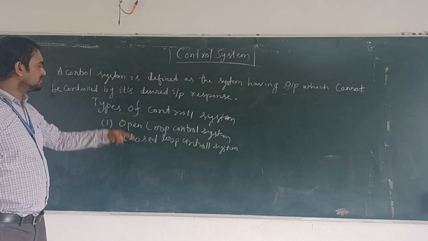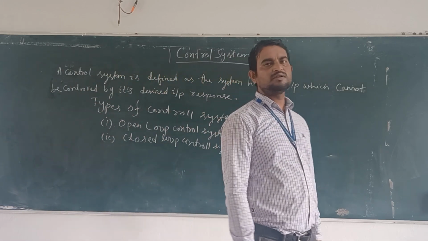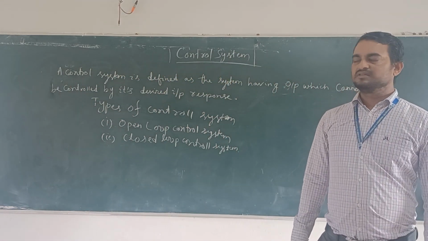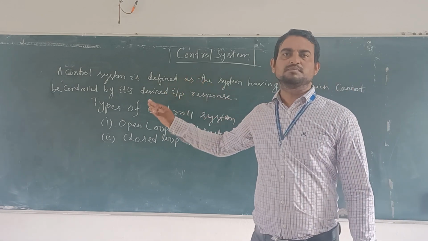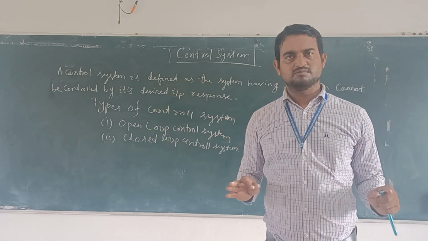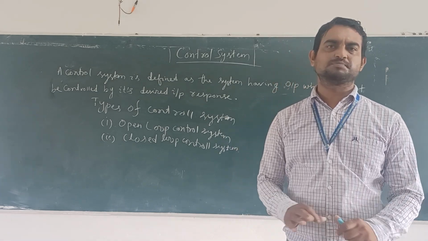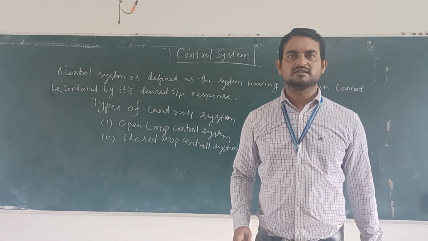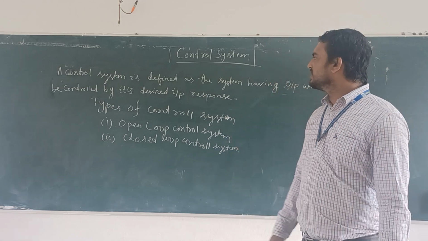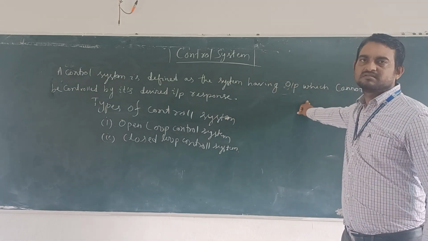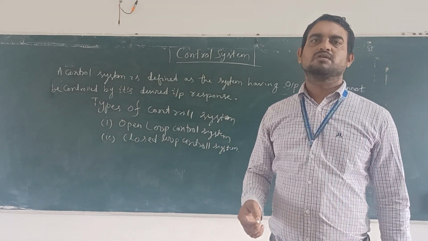What is open loop and what is closed loop? Open loop means the input of the system does not depend upon the output. Whatever may be the output, the input cannot get any response or dependency from the output. Simply, the input does not have any sensitivity or control over its output.